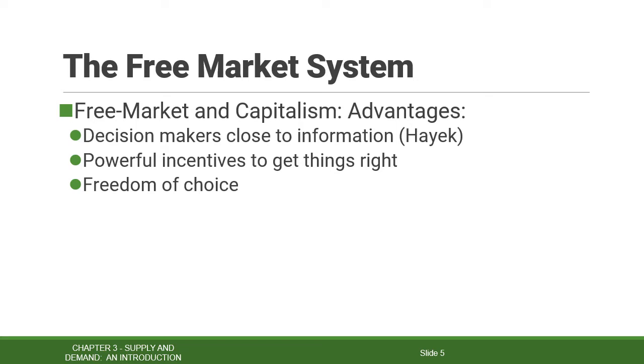So first and foremost, decision makers are closer to information. And what I mean by that is, imagine you want to paint a house, and it's your house. You know what colors you'd want your walls to be. So when you go to a paint store and determine which paint would I buy, you'd know which paint to buy, right?